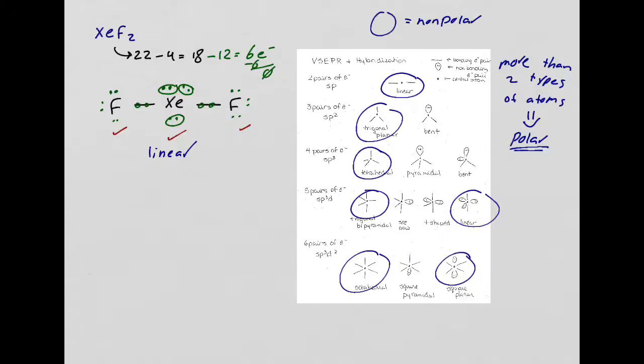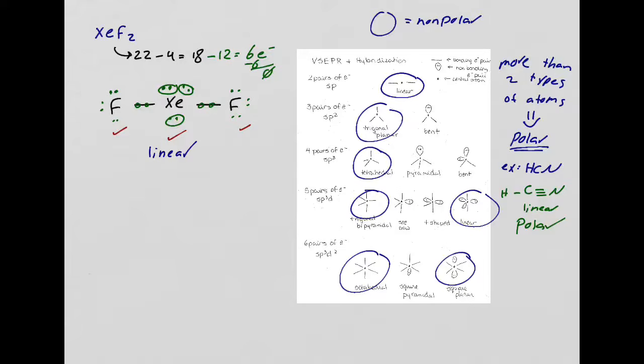Now what does that mean? For example, if I have HCN. HCN is carbon, hydrogen, we've done this before, nitrogen, and is linear. And linear should be a non-polar geometry. But it has hydrogen, carbon, nitrogen. It has more than 2 types of atom. 1, 2, 3 types of atom. So when you have more than 2 types of atom, you will always be polar no matter what.